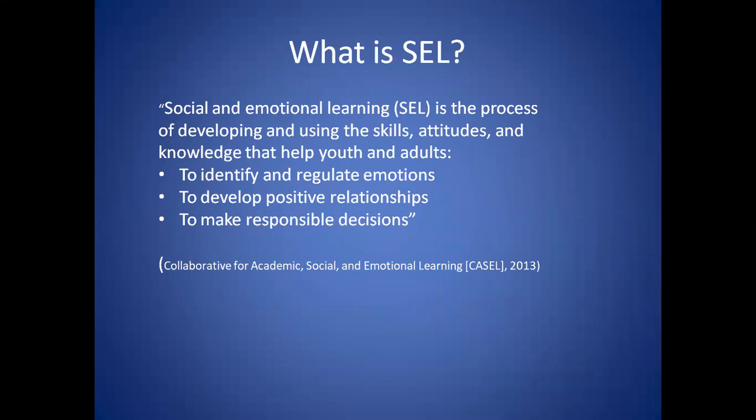This slide talks about what the Collaborative for Academic, Social, and Emotional Learning defines as this topic. And this is a consortium. A number of universities are members of it. There is a slide at the end of these PowerPoints on the reference list that can take you to that site.